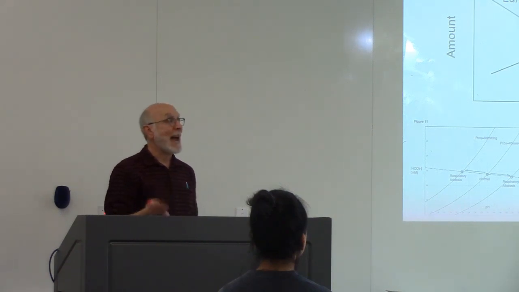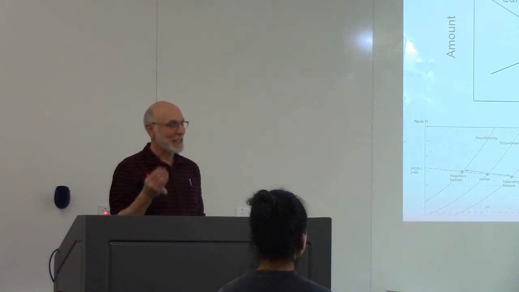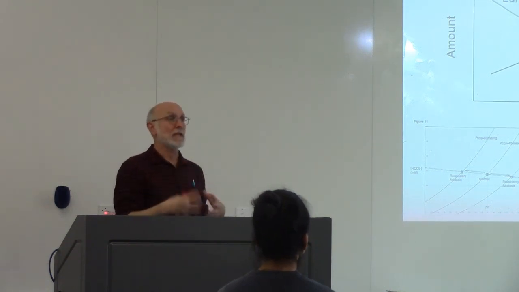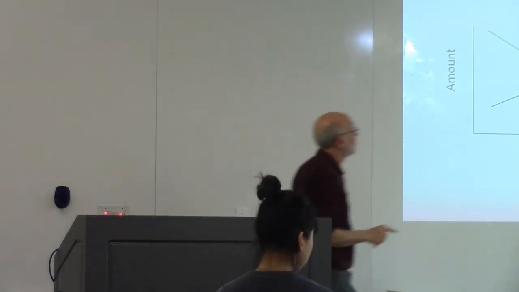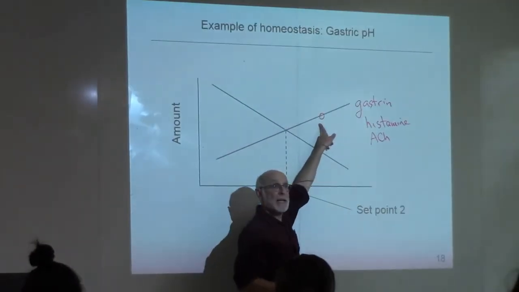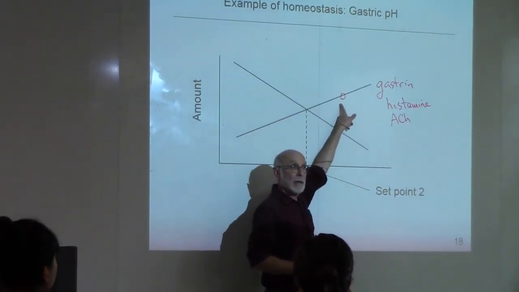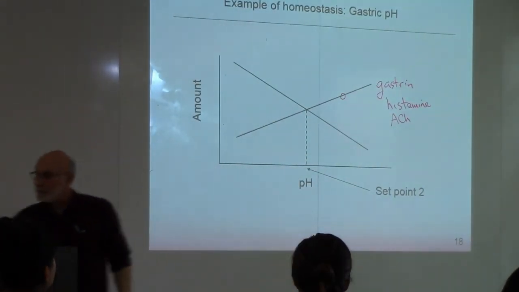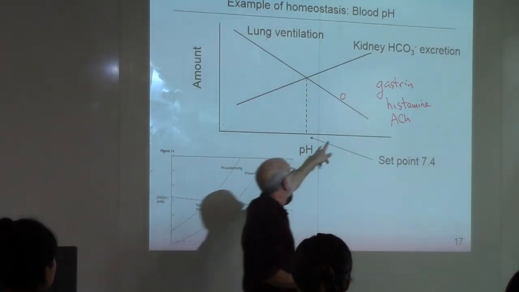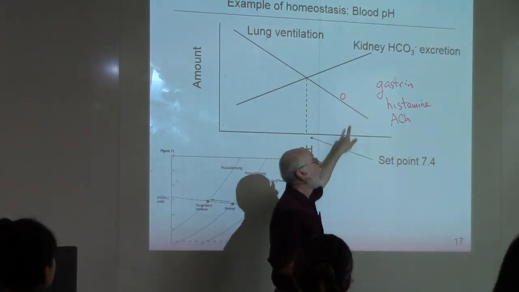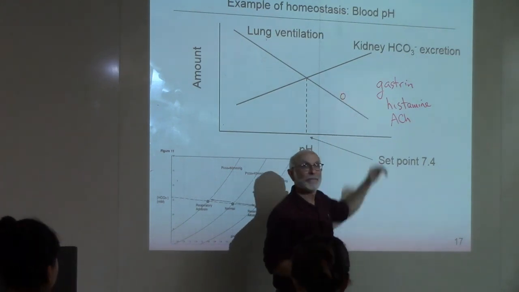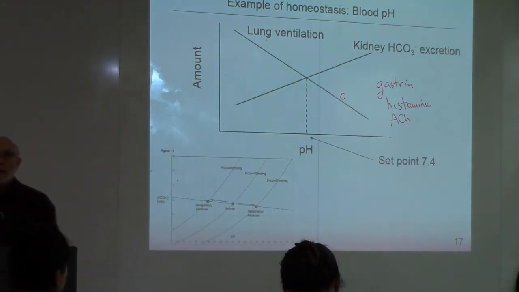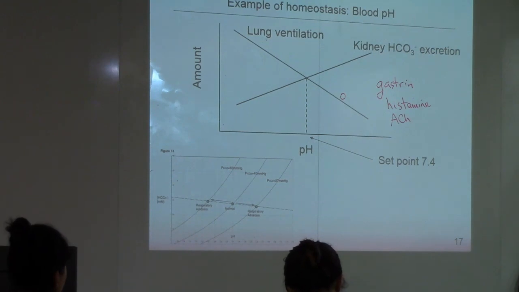Remember, if the stomach is pumping acid into the lumen of the stomach, the body is becoming more alkaline. And we have responses. Decreased ventilation, increased kidney bicarbonate. That's what happens during the gastric phase of digestion.